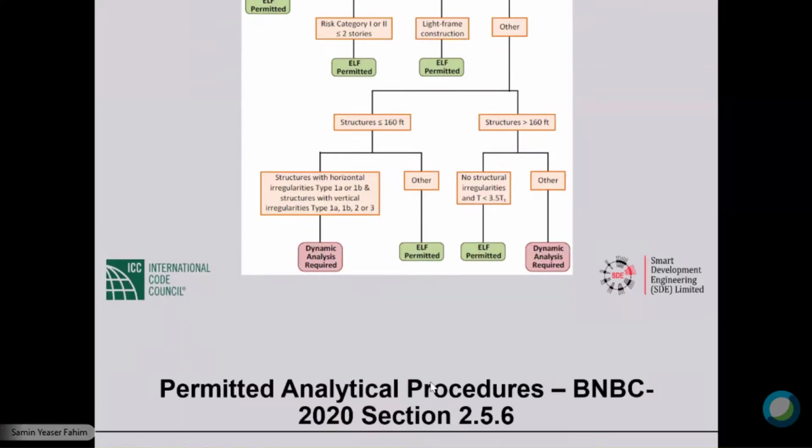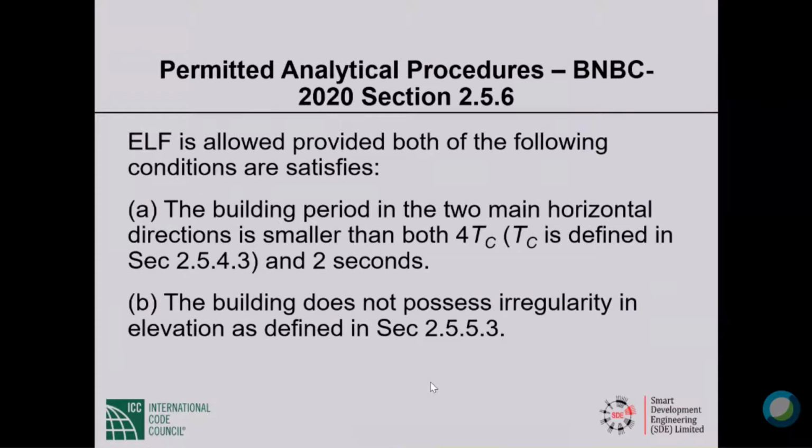In BNBC, very interestingly, equivalent lateral force procedure is allowed provided both of the following conditions are satisfied. Here I see a typo. The building period in the two main horizontal directions is smaller than both 4 times T_C, T_C is T_S, remember, and 2 seconds.